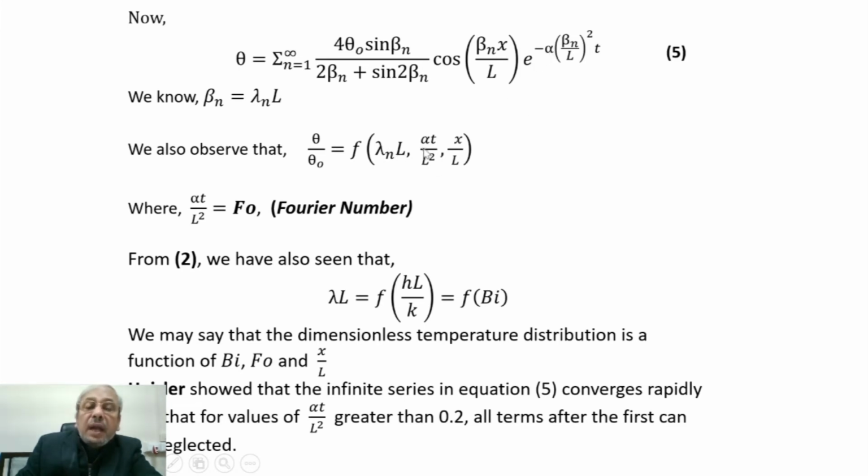Then it also becomes a function of alpha t by L square, and a function of x by L. And alpha t by L square is the Fourier number.